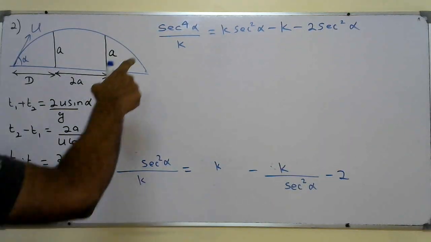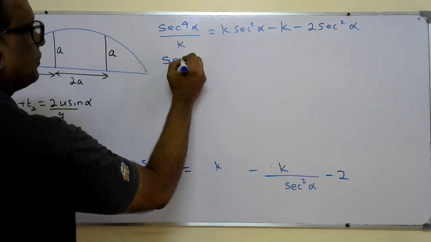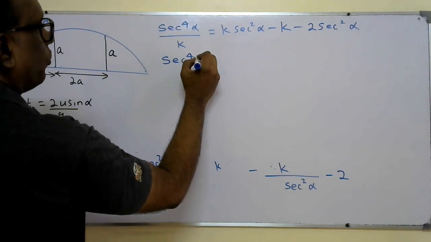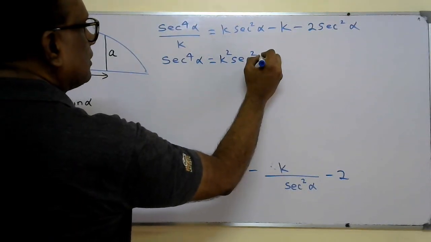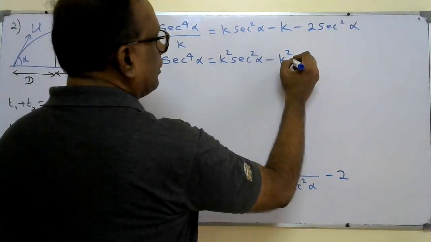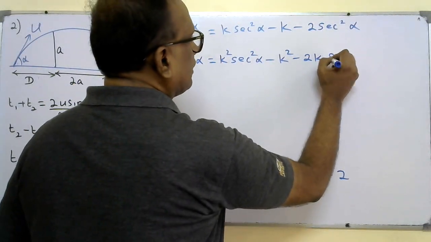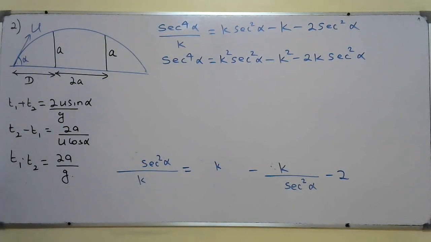Again multiply the whole equation by k. So that will become sec to the power 4 alpha equal k squared sec squared alpha minus k squared minus 2k sec squared alpha. I think I am right.